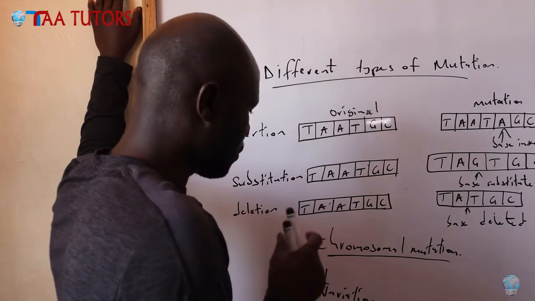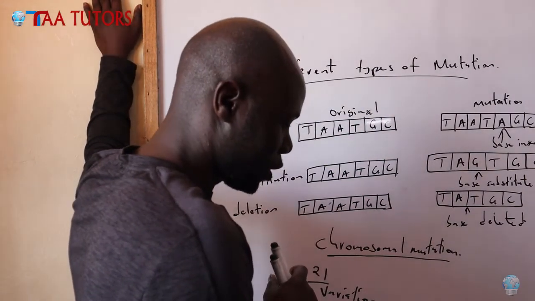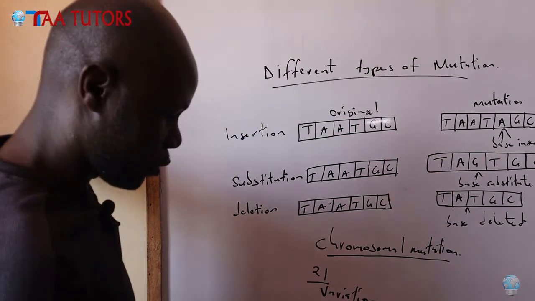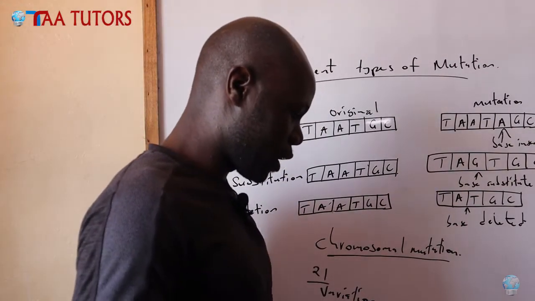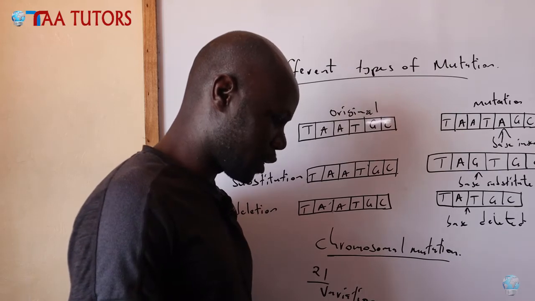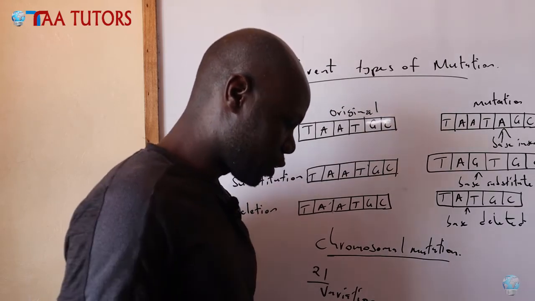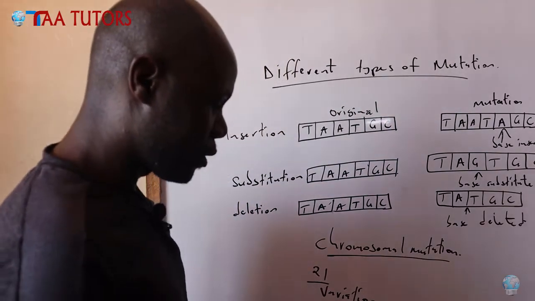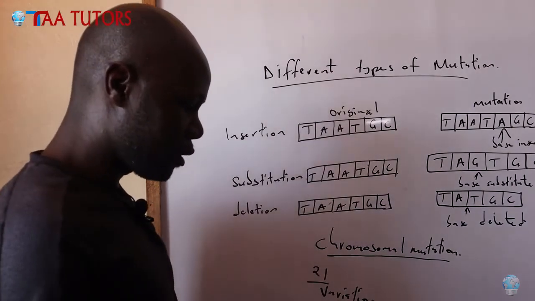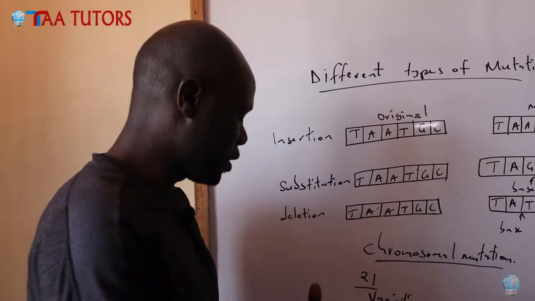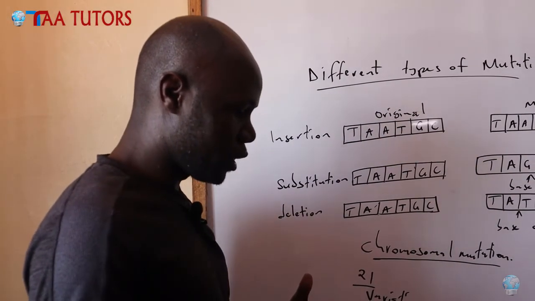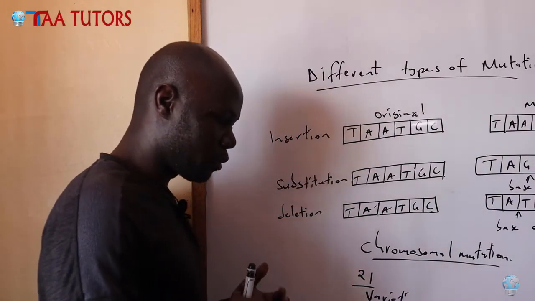So that is what we experience with this chromosomal mutation. It can cause a vast effect, or it can have a minor effect in the environment. Now, this mutation can be random. We have random mutation in the genetic material of organisms, which can be within the gametes or within the body cells of an organism.